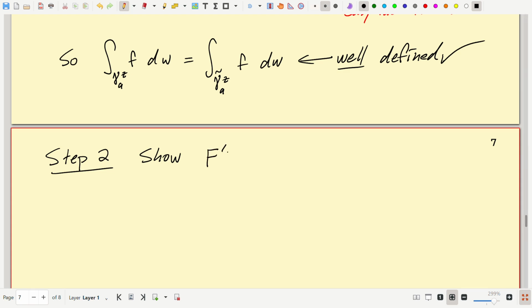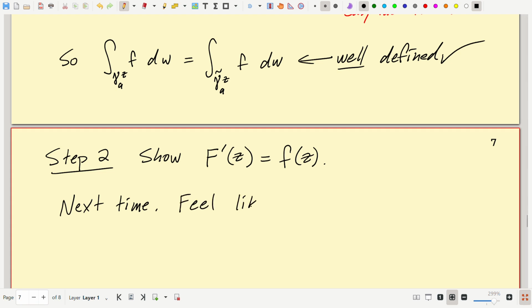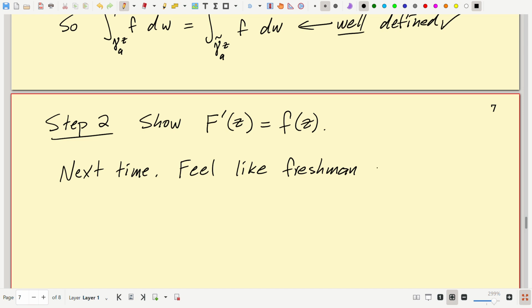And that's going to feel very much like the freshman proof of the fundamental theorem of calculus. I'll do it next time. It's going to feel like freshman calculus, which is one of the cool things about complex analysis.